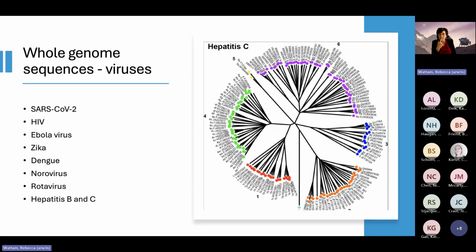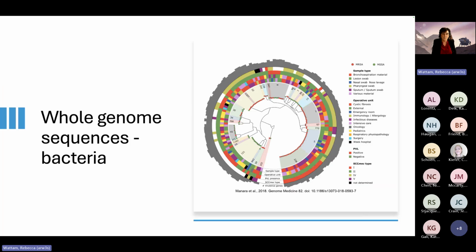So I use this one from hepatitis C. And hepatitis C is in a single segment. And this is showing the 7 genotypes of hepatitis C, and each of these are coming from a different geographic region, and they each have different pressures. And so this is an instance where you can use a whole genome sequence for an organism like this.